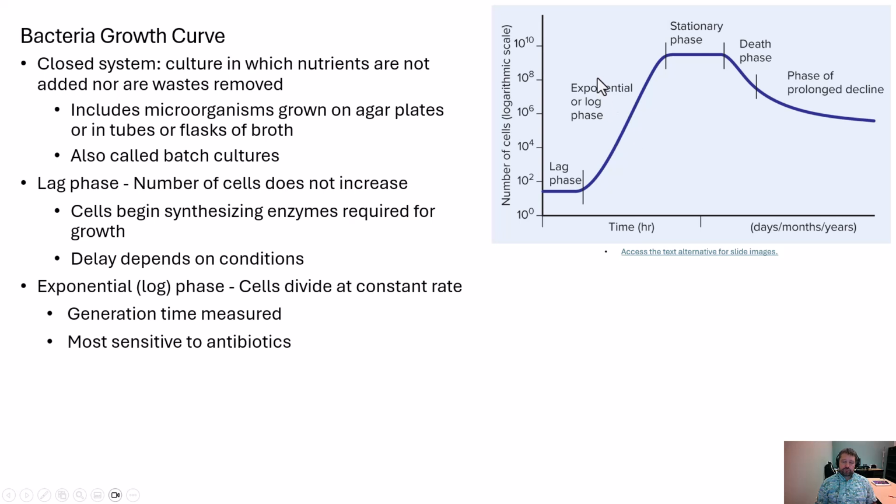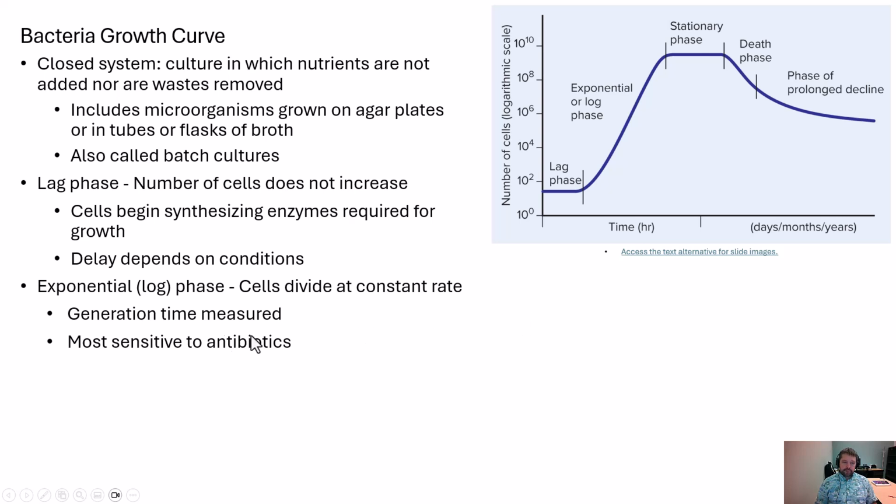If we sample the population here, then the growth rate is highest, and you would expect them to replace themselves. We'll come back to this. It's not important for closed systems because closed systems have a limited amount of nutrients, there's no waste removal, and you can't expect them to live forever.